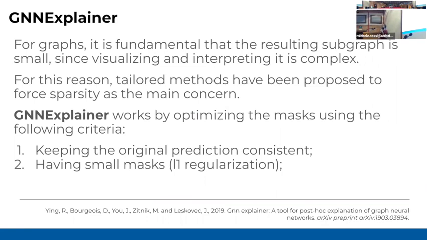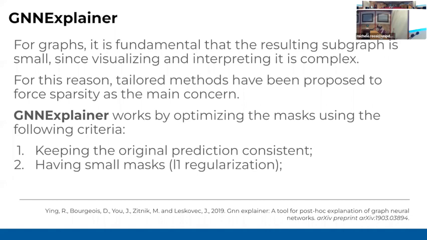For an image, you plot a saliency map, and if it's not that good, you don't care so much because you can still visualize it easily. A saliency map is an image, and we are pretty good at visualizing images. Here, the saliency map is a graph. So if the graph is not small enough and it's large, it's really impossible to understand and visualize it.